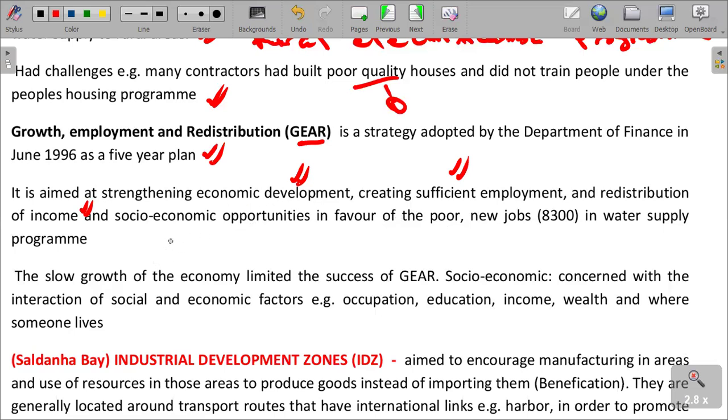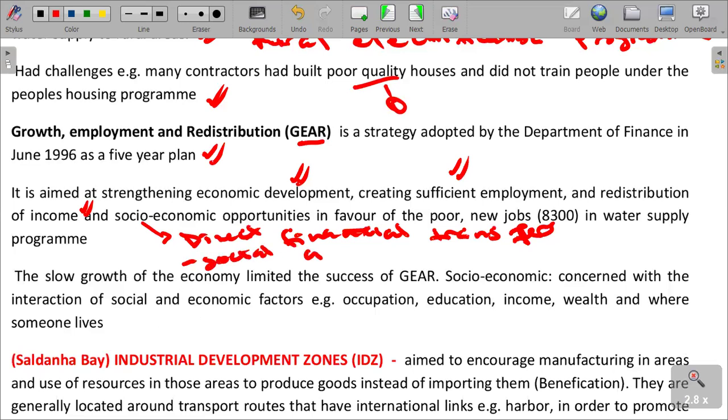For example, socio-economic, we talk about direct financial transfers, which our people are receiving from the government. We talk about social grants, which are government initiatives where almost every person, employed and unemployed, receives some money at the end of the month.